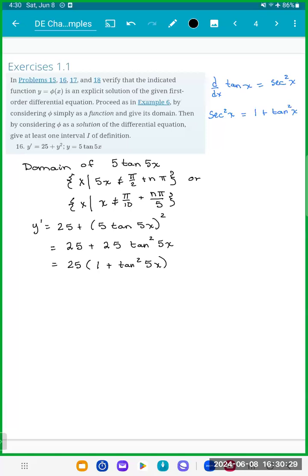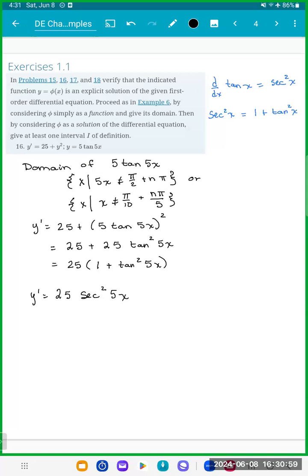We could also have said that y prime is equal to 25 secant squared of 5x, because when we're looking at our derivative, that is one of the other ways we could have looked at it.